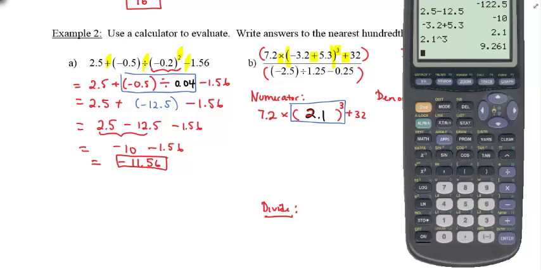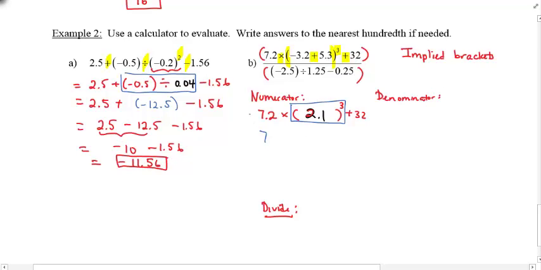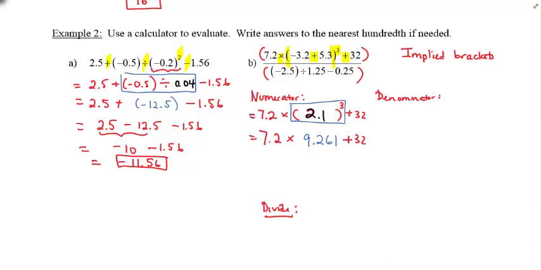That's 9.261. So 7.2. Let's try to color code this as well. 7.2 times 9.261 plus 32. I see multiplication and addition, so I hope you can now do the multiplication first.